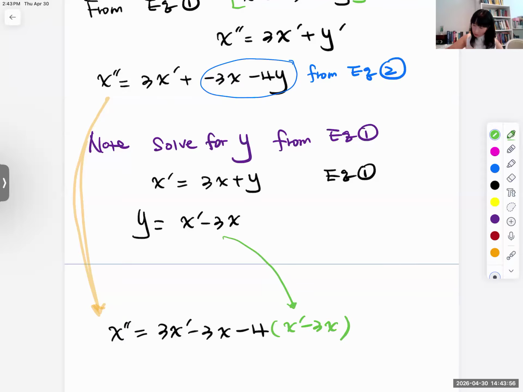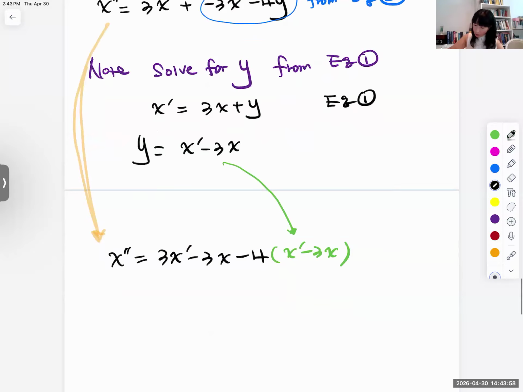Same color. Okay, so there will be equal to 3x prime minus 3x and distribute, so negative 4x prime plus 3x.